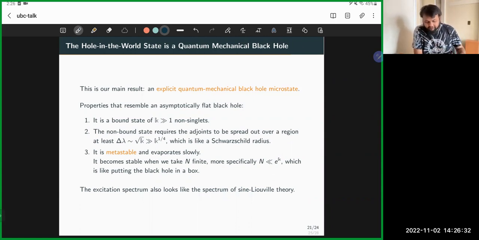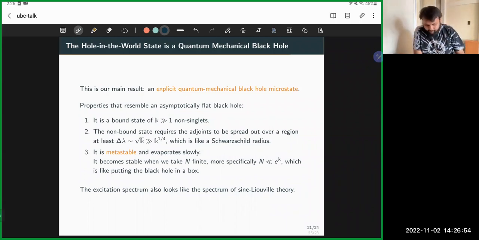To have a non-bound state, you require the adjoints to be spread out over a region in lambda space of order root k, which is much bigger than the k to the 1/4 that the hole in the world lives in. So in some sense, you need to really spread out all the non-singlets to have them not collapse. So there's an effective Schwarzschild radius.